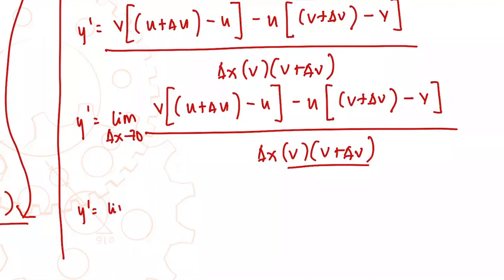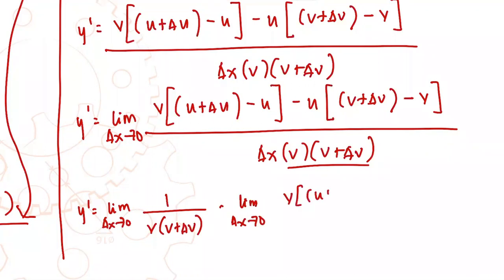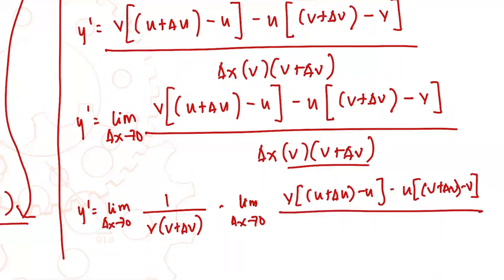So limit of delta x approaching 0 times 1 over v times v plus delta v times yung limit ng delta x approaching 0 plus yung natitira, so v times u plus delta u minus u times v plus delta v minus v, all over delta x.